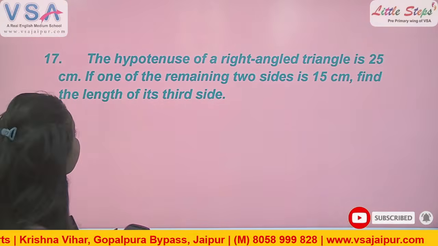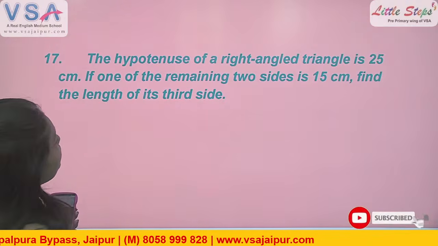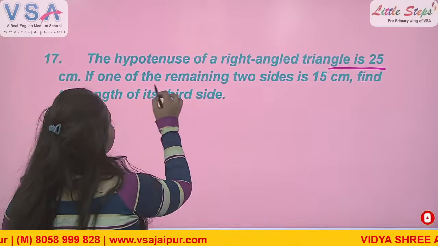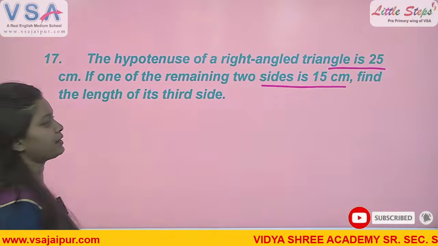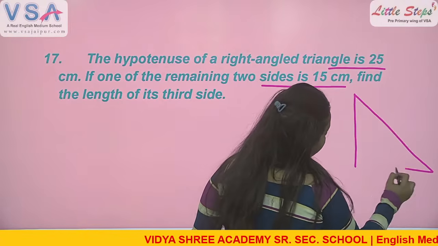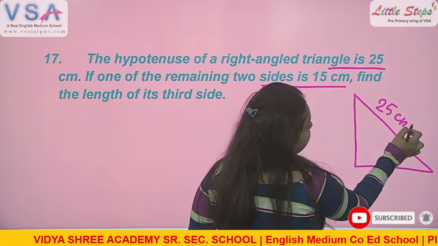Clear? Next question. The hypotenuse of a right angle triangle is 25 centimeter. If one of the remaining two sides is 15 centimeter, find the length of the third side. We have a right triangle with us. This is the right triangle and this is the hypotenuse 25 centimeter.